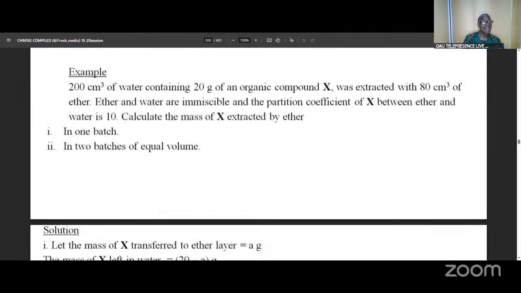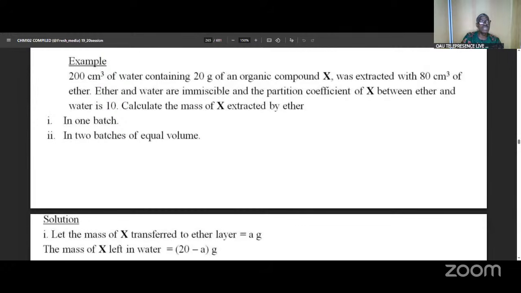For example, 200 centimeter cube of water containing 20 grams of an organic compound X was extracted with 80 centimeter cube of ether. Ether and water are immiscible, and the partition coefficient of X between ether and water is 10. We are then asked to calculate the mass of X that is extracted by ether. We normally do this in batches.